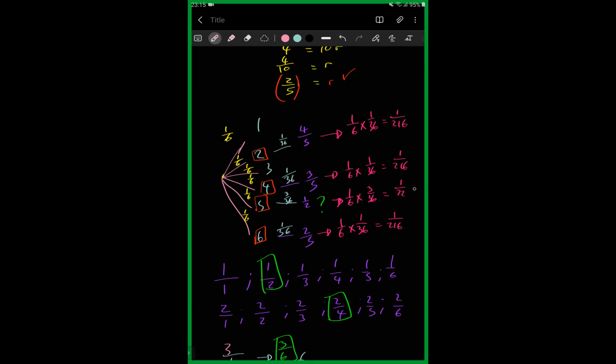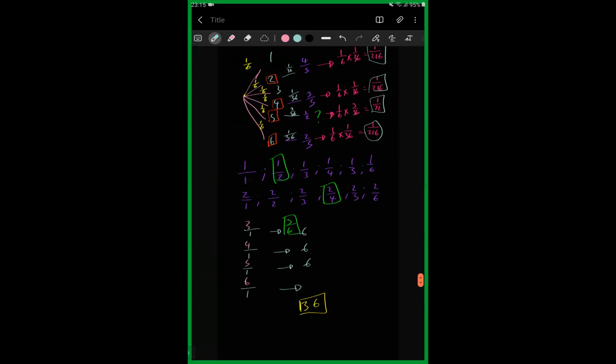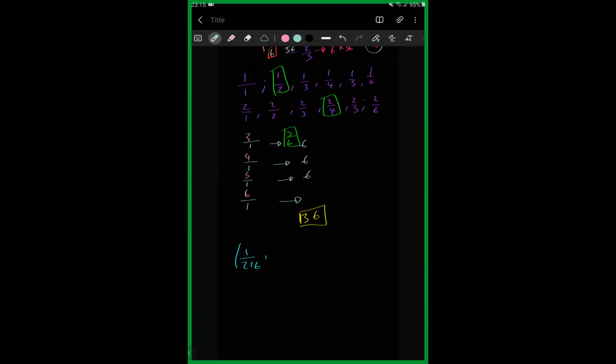So yeah, after doing all this hard work, this answer seems quite interesting, but the logic behind it is all there. So you're going to add up these probabilities. You see, 1 over 216, we have 3 of those, right?